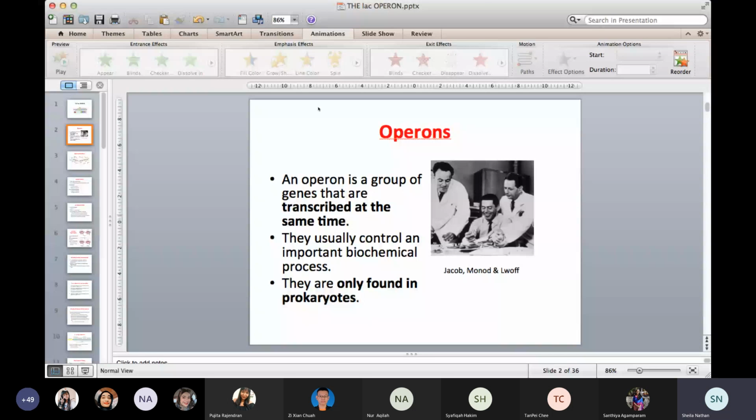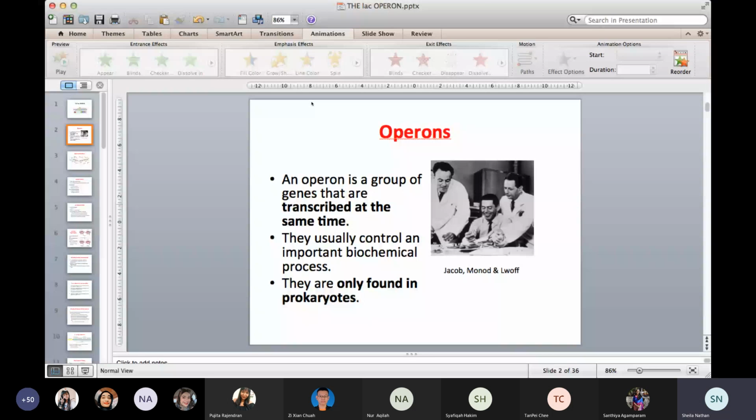So you have a group of genes, which may be 3, 4 or 5 genes, next to each other. Each one of them is regulated by a single promoter. So one promoter will regulate the expression of 3, 4 or 5 genes.